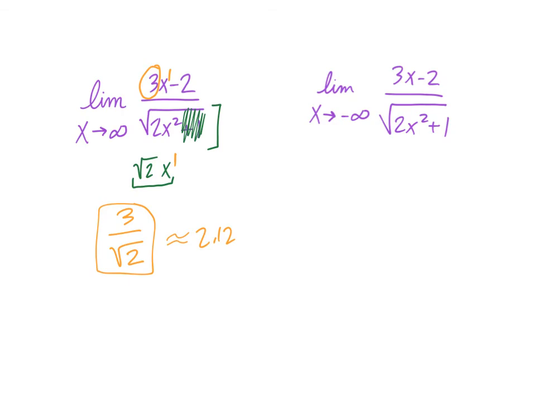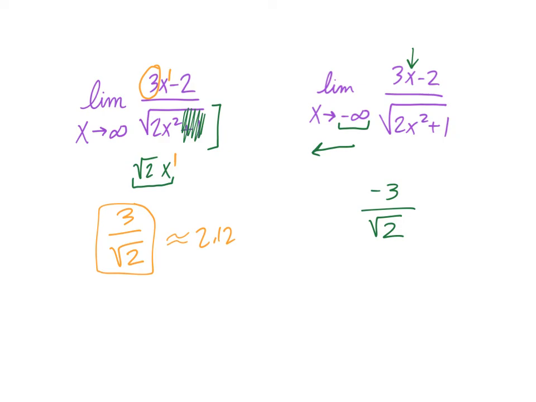So how's this next one any different? If we're approaching negative infinity, meaning we're going to the left, the only difference is this top number is going to be negative 3. Because if I put a negative number in for this x, like let's say x is negative 100, I get negative 300 minus 2, or negative 302, while the bottom stays as a positive square root.